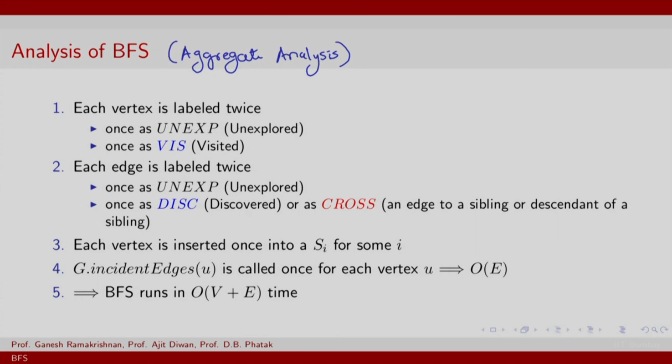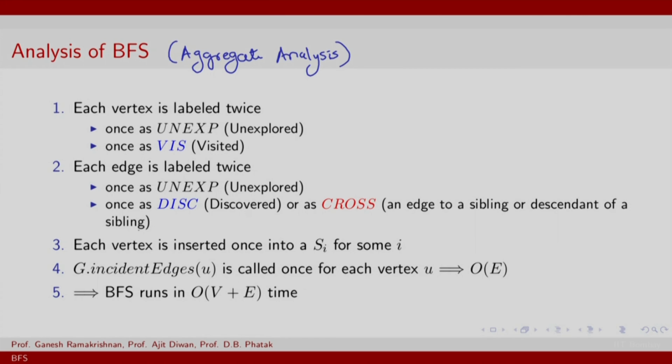Each vertex is labeled twice. Initially it is labeled as unexplored, and the moment you visit it, you label it as visited. In the alternative algorithm that we proposed, each vertex is labeled thrice: once as unexplored, once as visited, and the third time as explored. It is a constant factor.